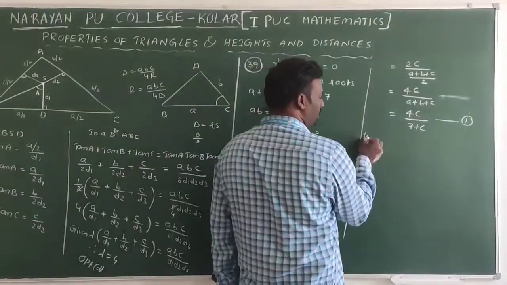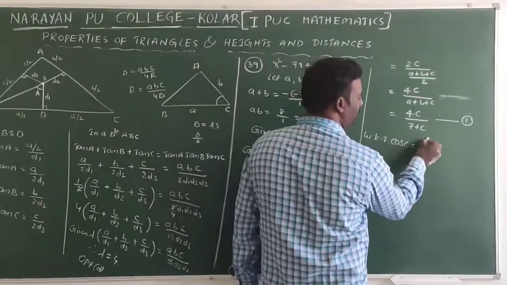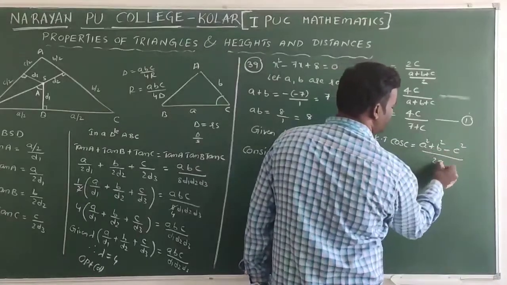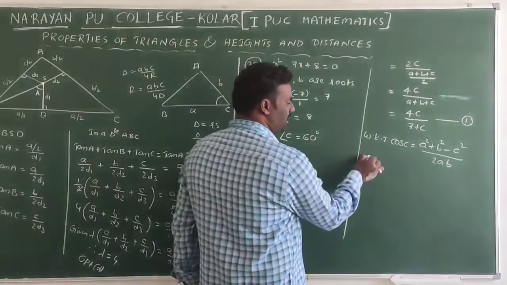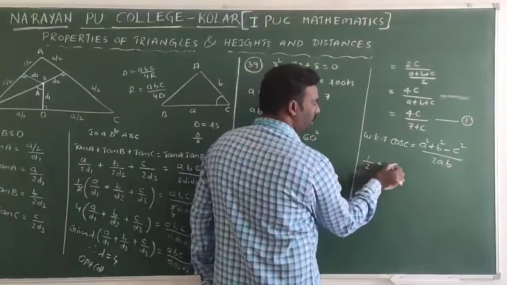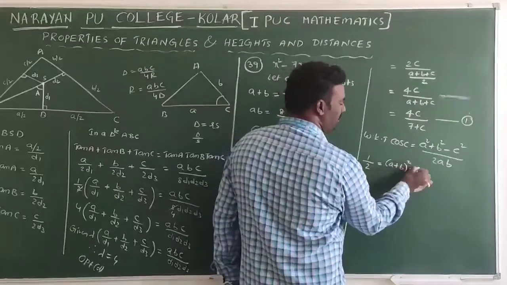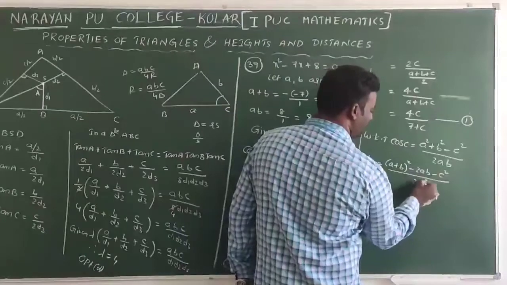we know the cosine rule: cos C is equal to A square plus B square minus C square by 2AB. C value is already given as 60, cos 60 is 1 by 2. A square plus B square can be written as A plus B whole square minus 2AB, minus C square by 2AB.